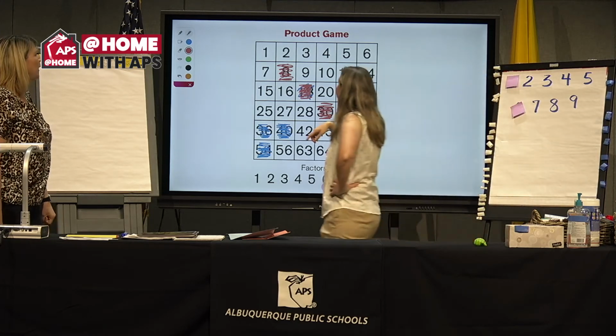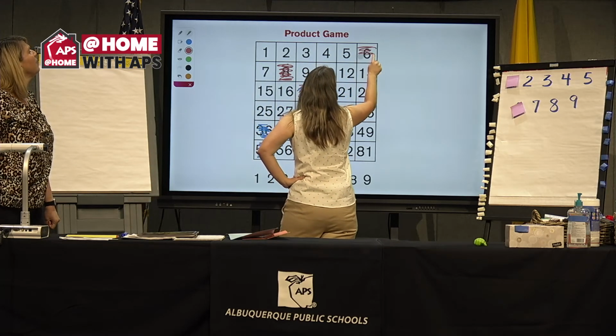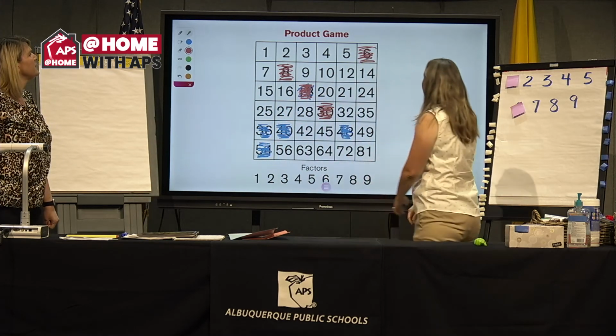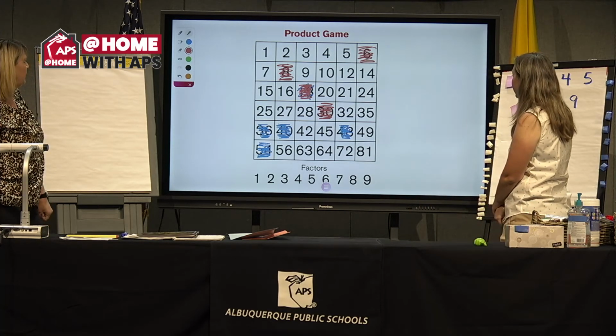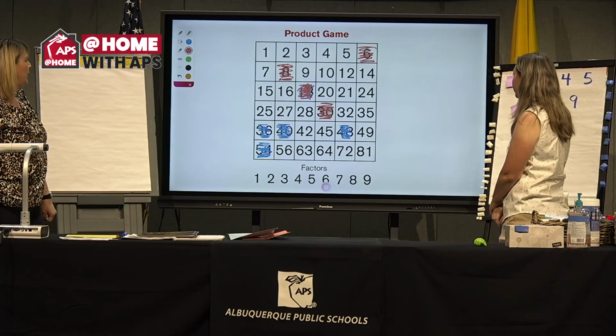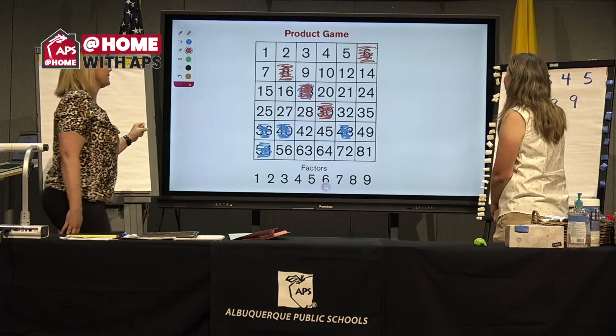So you did 8 times 1, or 6 times 1, sorry. 6 times 1 is 6. Okay. Now let me think. Well, okay. So I've got to use a 1 or a 6.